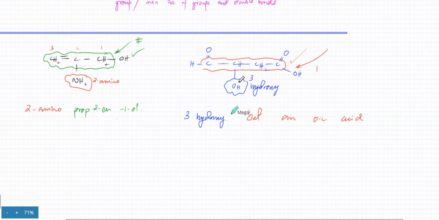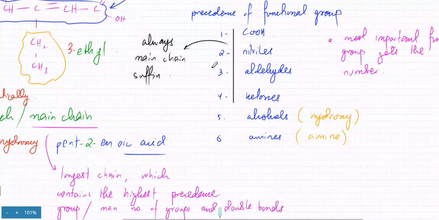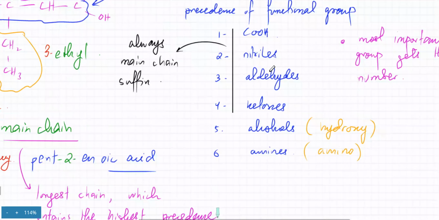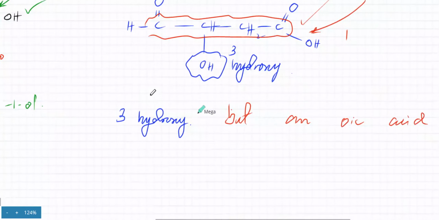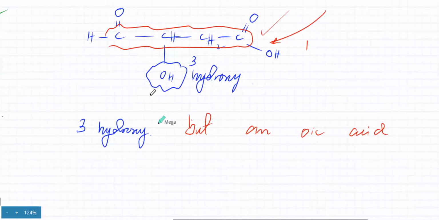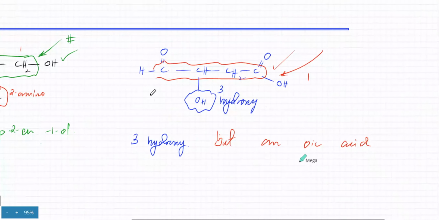But now the issue is what happens to this aldehyde? How do you incorporate the aldehyde into this? Because I told you that an aldehyde or a nitrile always maintain suffixes. What's the suffix of an aldehyde? It's al. So before oic acid, al is also added.